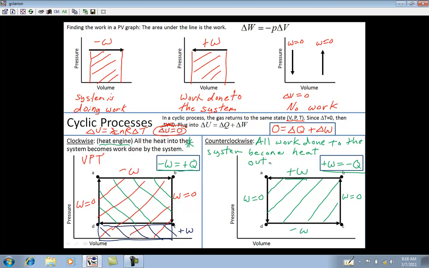Now, the example on the left is called a heat engine. This example on the right is called a refrigerator. A refrigerator, because we're taking heat from a colder system and moving it out.